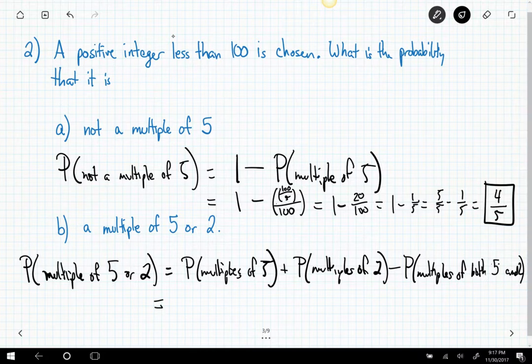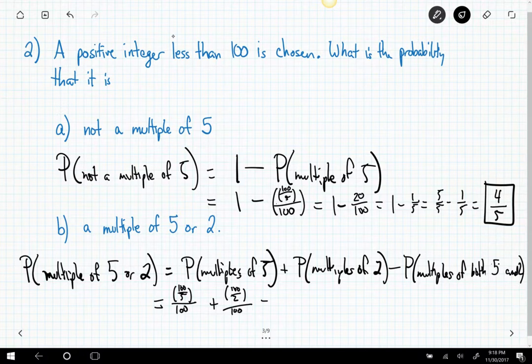So what does that mean now? Probability of multiples of 5. Well, we already found out that's 100 divided by 5 over 100. The multiples of 2, so 2, 4, 6, 8, 10, and so on. Notice we should have 100 divided by 2 multiples of 2, and that's all divided by 100.